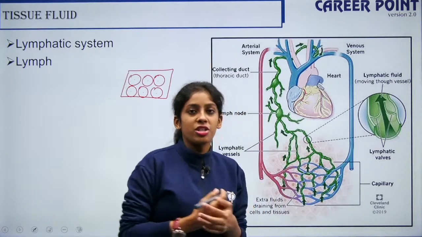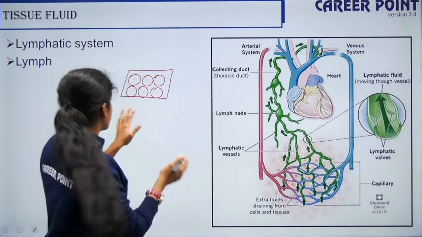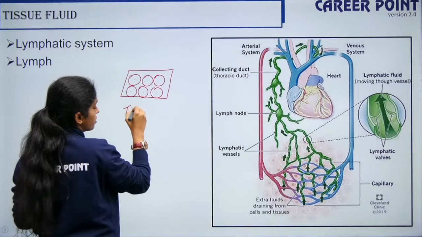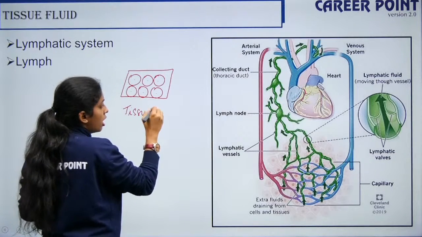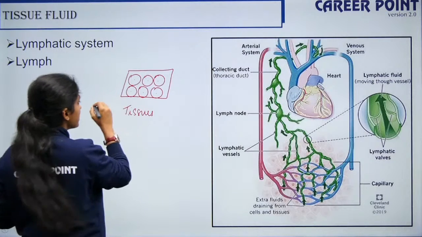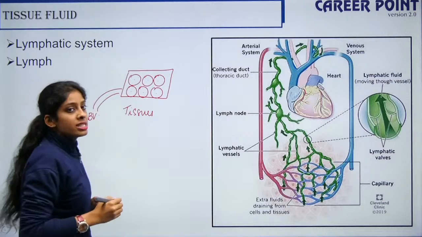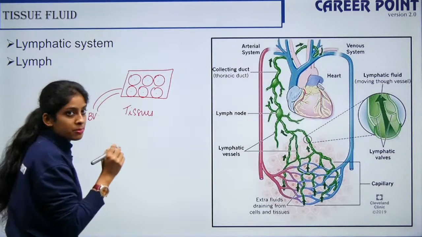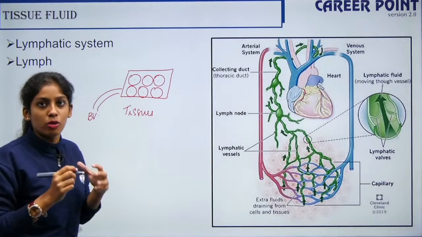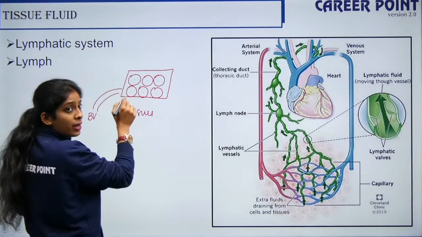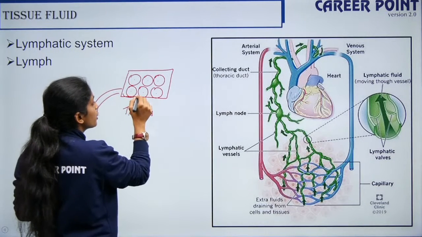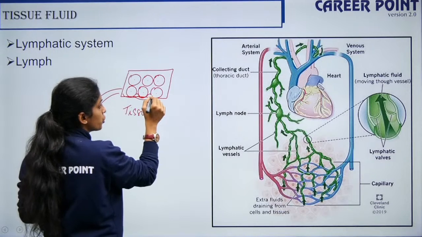Today we want to talk about what is tissue fluid. Tissues are made up of groups of cells, right? A tissue is vascular, which means it is connected with blood vessels. Sometimes water-soluble substances and certain other molecules escape or leak from the blood vessel into the spaces between the tissues.